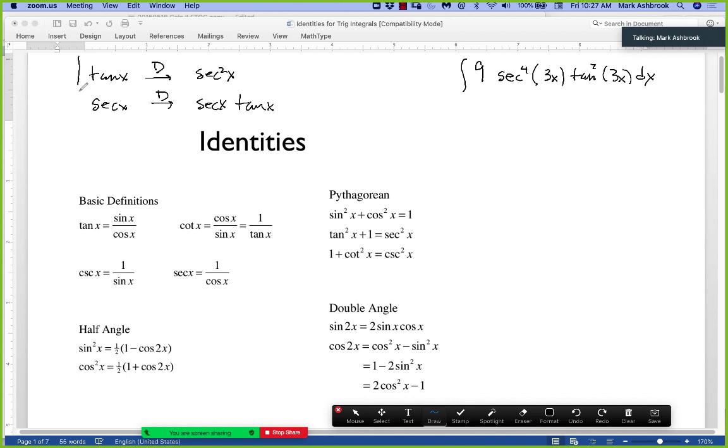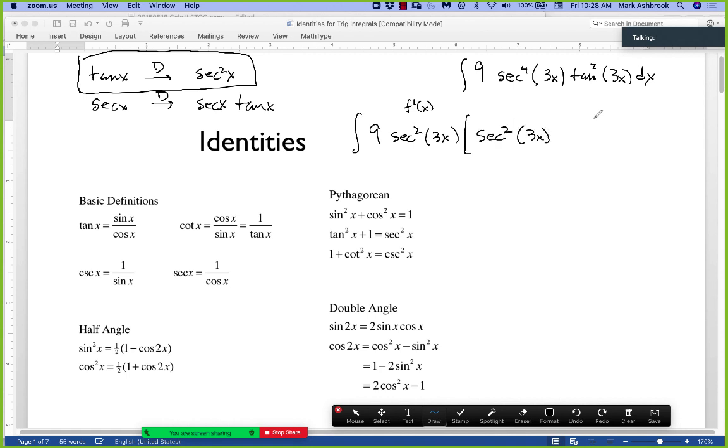So could we stage for undoing the chain rule with this? Meaning, could we get any power of tangent times 1 secant squared? That would do it. That would be undoing the chain rule. So let's try that. We're going to pull out a secant squared. That's going to be my f prime of x in undoing the chain rule. Then what's left is another secant squared and my tangent to the 7th.